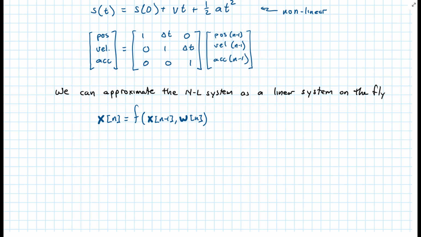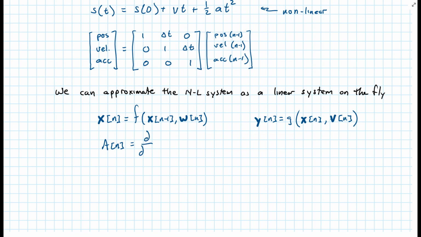We could also, of course, have our observation follow the same type of situation, where y of n is equal to g of x of n and v of n.